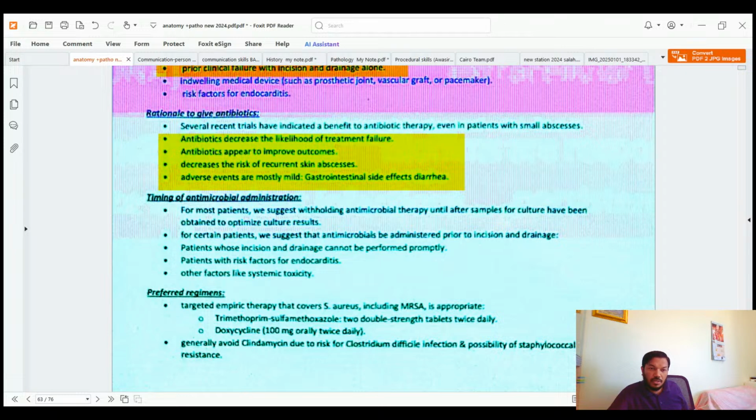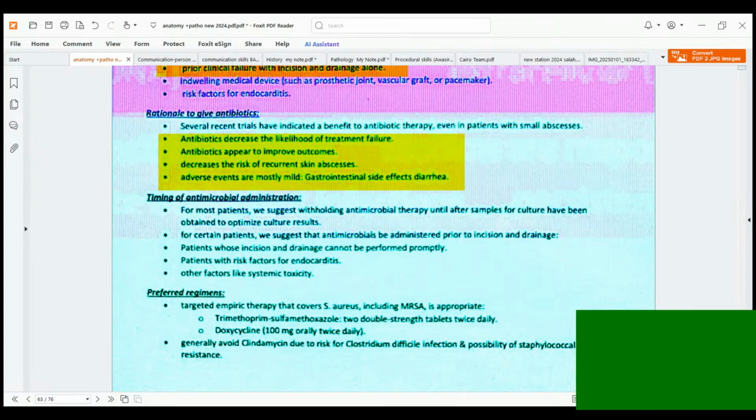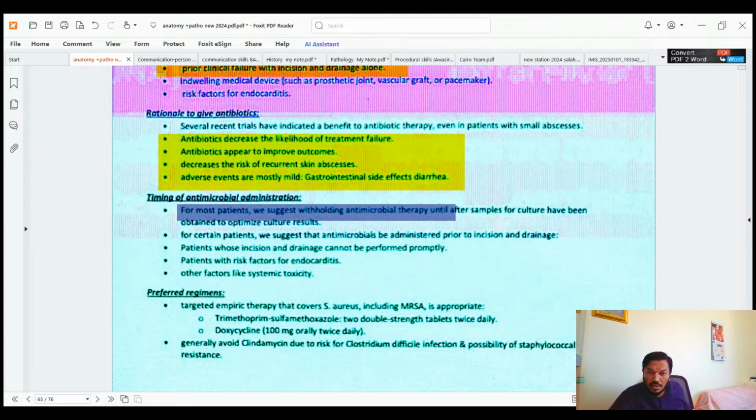Timing of antimicrobial administration. For most patients with abscesses, withhold antimicrobial therapy until the sample for culture has been obtained, to optimize culture results.